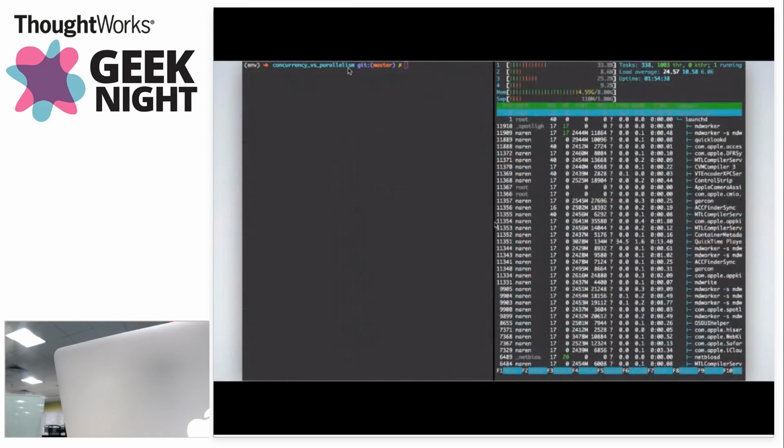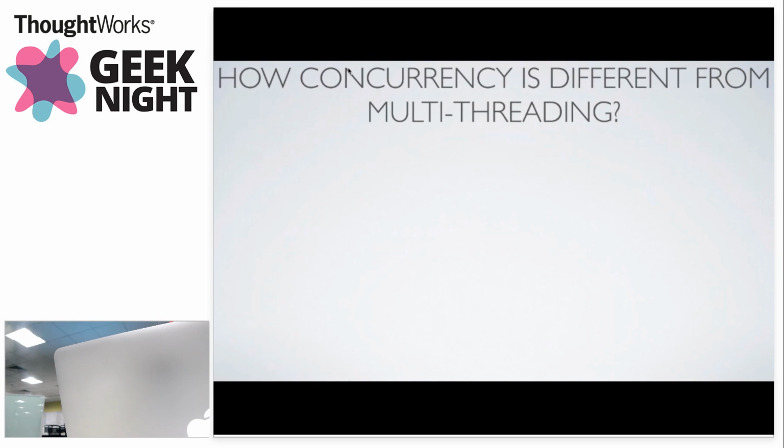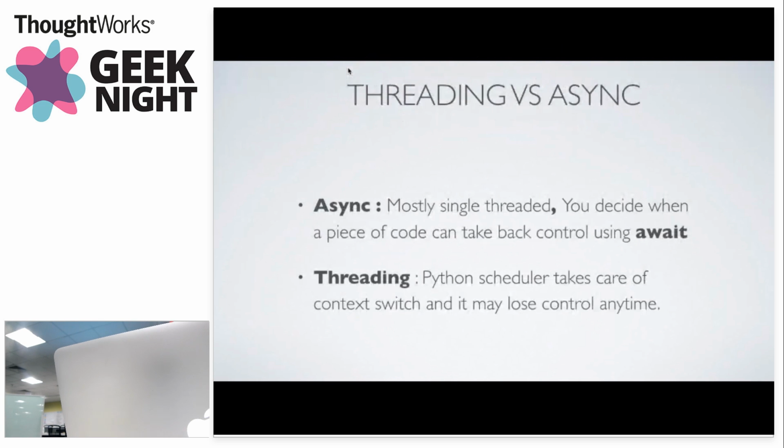And so async could be the right solution only if there is an IO intensive operation. If there is going to be a CPU intensive operation, async will not work; we have to go for multiprocessing. And how concurrency differs from multithreading we already discussed.